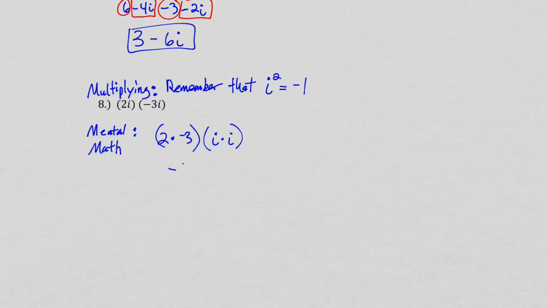So this is going to be negative 6 times i squared, and then i squared becomes negative 1. Okay. So negative 6 times negative 1 is positive 6. All right, let's go to the next page.